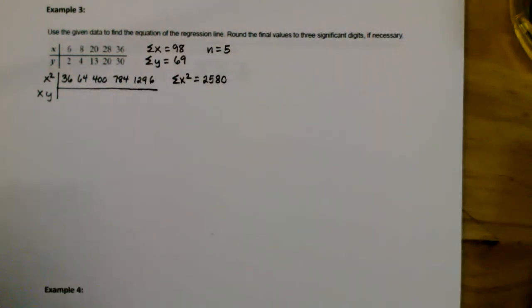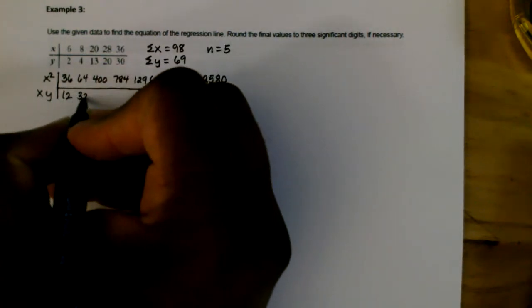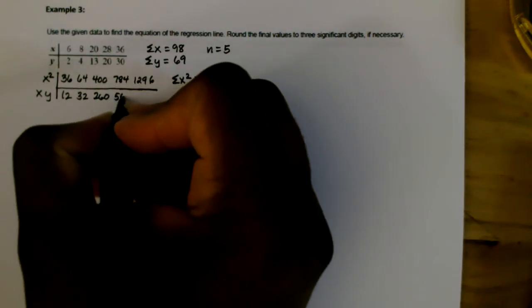And then for xy, x times y, that means I multiply the x and the y values together. 6 times 2, that's 12. And then 8 times 4, that's 32. And then 20 times 13, that will be 260. 28 times 20, that would be 560.